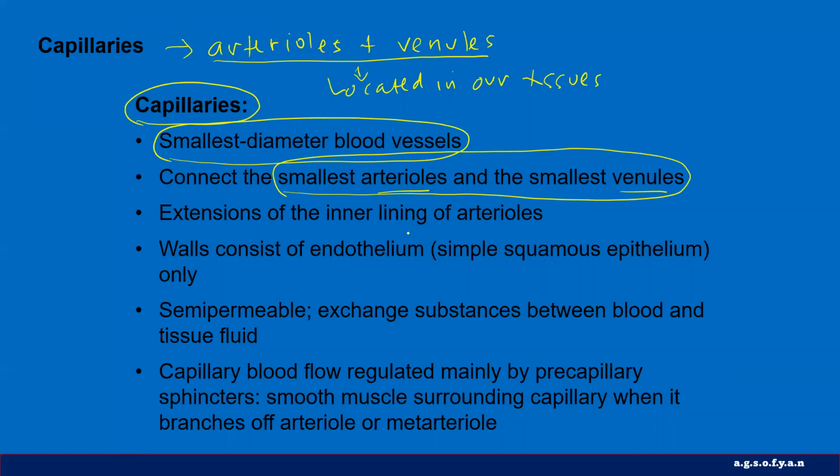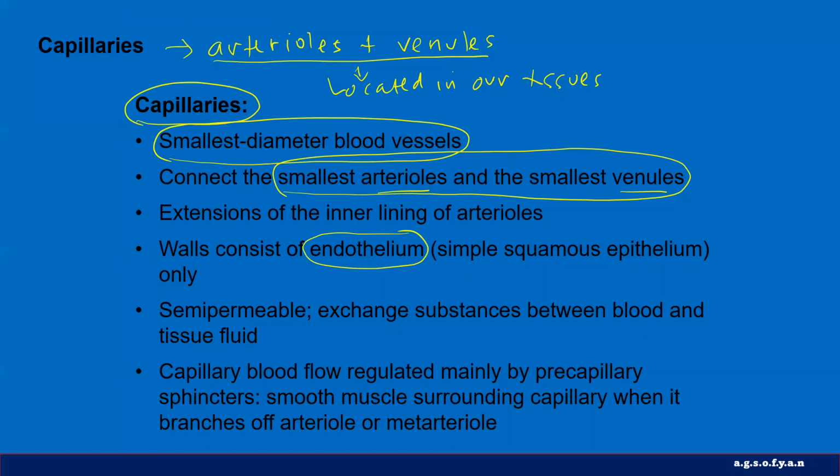The wall consists mostly of endothelium, and there are some areas with muscle. This endothelium lets some substances go from the blood vessel to the cell or from the cell to the blood vessel.